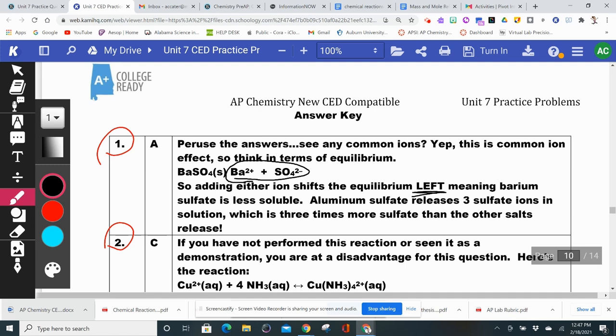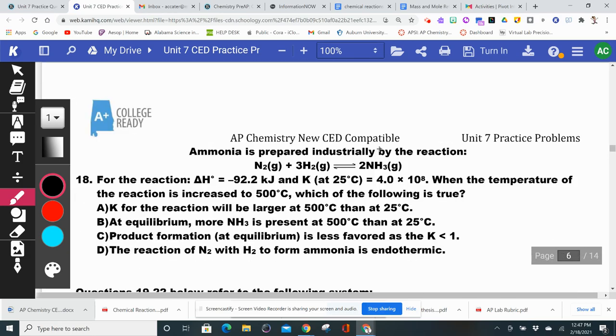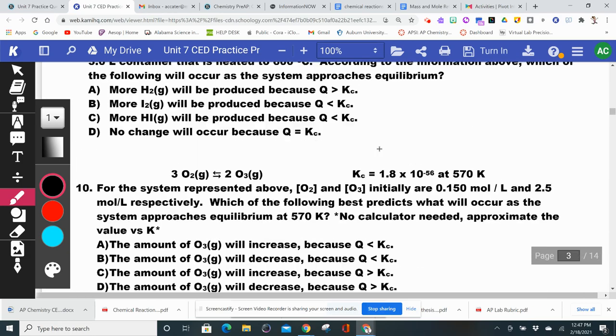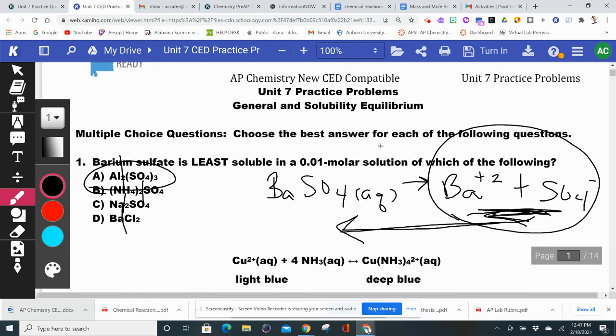Because if you're making more of it, then it's going to pile up there in the bottom of the beaker. And the aluminum sulfate has 3, where the rest of them don't have as much. Does that make sense? So you want more solid? In this case, I want more solid because that would make it the least soluble. More solid means less soluble. So in this situation, that's what I was looking for.